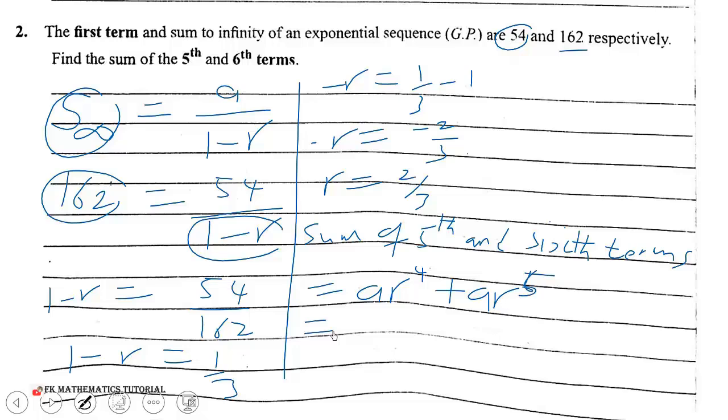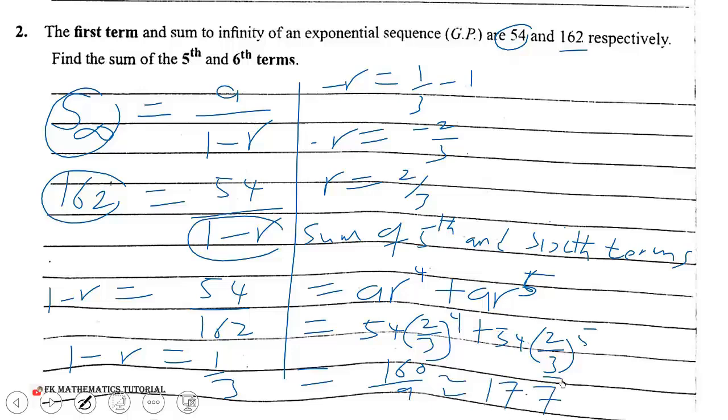So that will give you a, which is 54, times 2 over 3 to the power 4 plus 54 times 2 over 3 to the power 5. So that will give us 160 over 9, which is equal to 17.777 recurring.